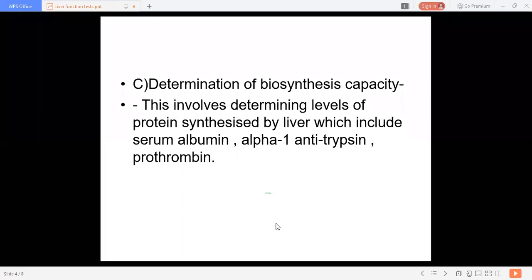They are also raised in infants, and these levels remain raised up to 6 weeks of illness. So even after 6 weeks we can get higher levels.